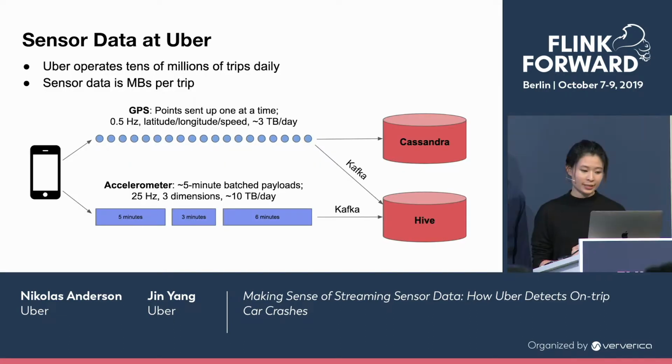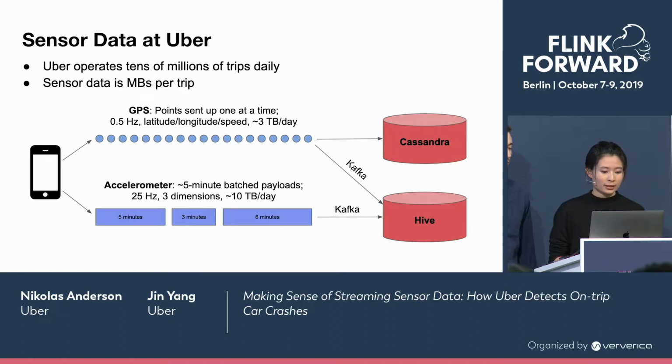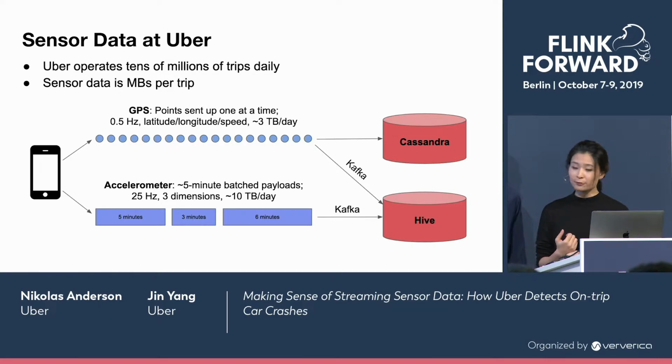The scale of the data at Uber is around terabytes per day. Uber operates tens of millions of trips daily, and each sensor payload is about megabytes in size. In addition to that, different sensors also come at different frequencies and different sizes.